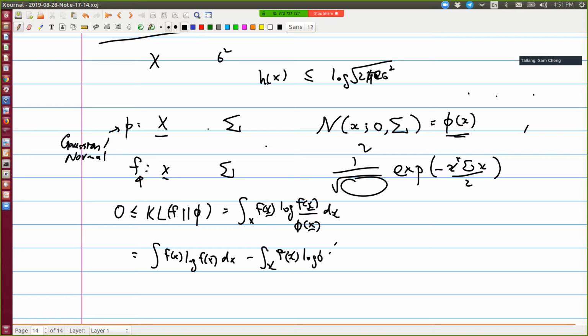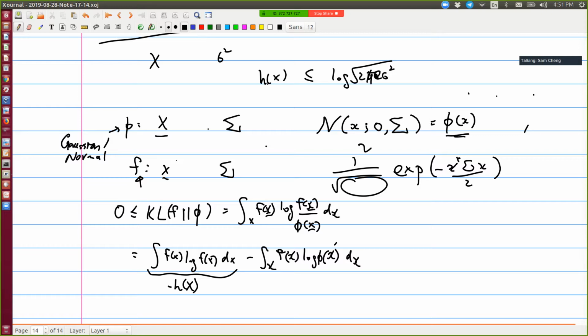Of course, the first term is just the minus entropy of x. But I probably want to use a different notation because it can be confusing, since both are x.